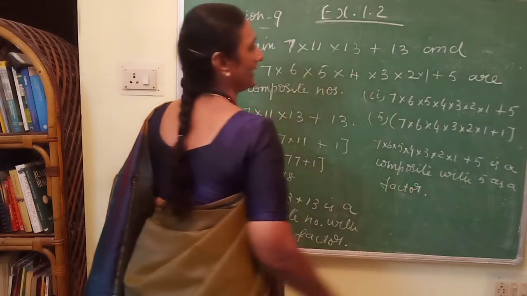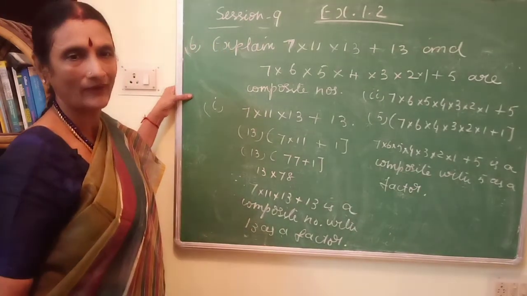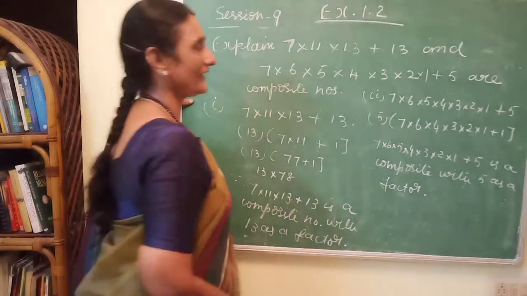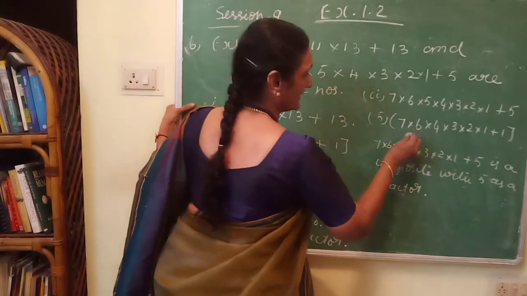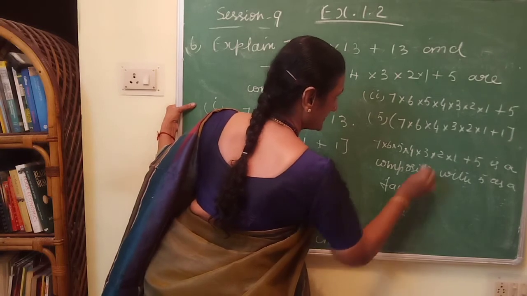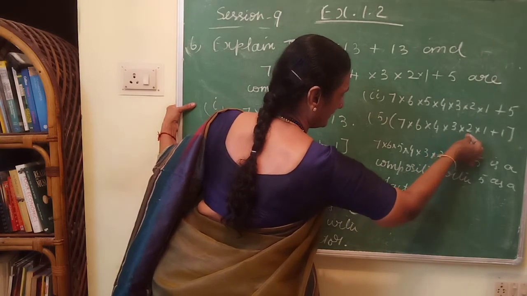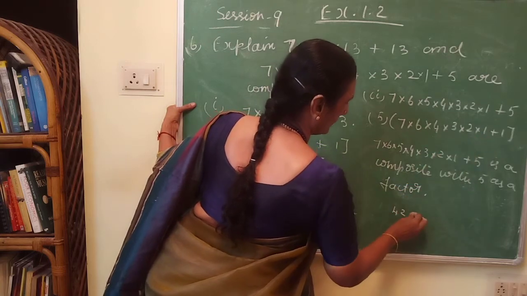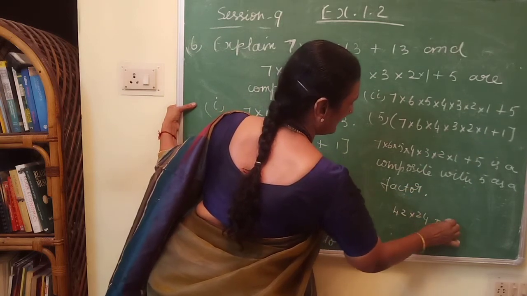But if you are not satisfied with this explanation, you can do it in the rough column, you just multiply. 7 into 6 gives you 42. So 4 into 3, 12. 12 into 2 gives you 24, correct? So 24, and then there is one plus.